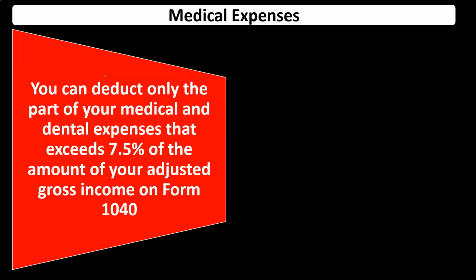This is kind of like the opposite, meaning you can only deduct the amounts after you clear the floor of the 7.5% of the AGI, as we saw in the example. And that's in order to include it in the calculation for the itemized deductions, to see whether the itemized deductions will be greater than the standard.